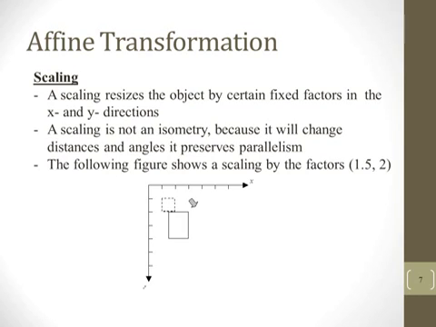For this point also, 2 is multiplied by 1.5, which is 3, and the y coordinate 2 multiplied by 2 is 4. The transformation of this point is this point. As we can see, the transformed shape will be as the initial with a scaling factor of 1.5 along x and 2 along y.